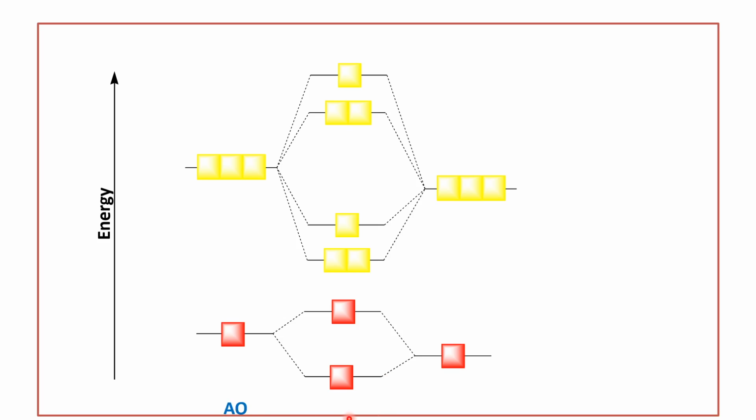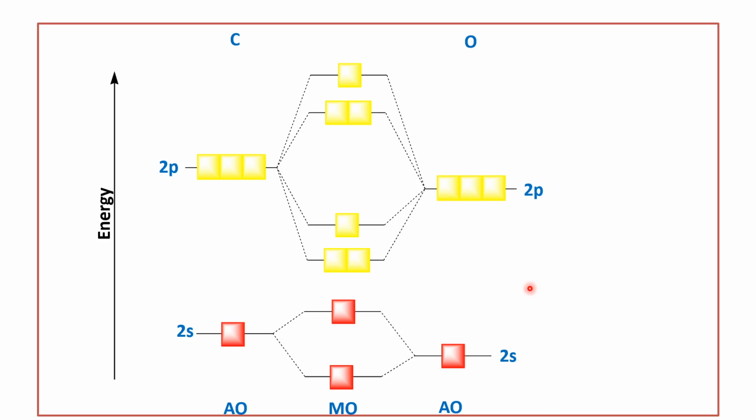Again, we know that on one side we have atomic orbitals, on the other side also atomic orbitals, and at the center the molecular orbitals. The first atomic orbitals are for the carbon atom, the 2s atomic orbital and 2p atomic orbital, whereas the second atomic orbitals are for the oxygen atom, again 2s and 2p.